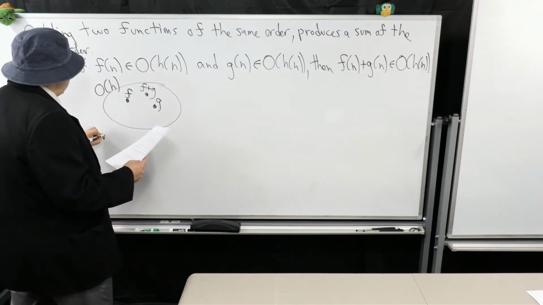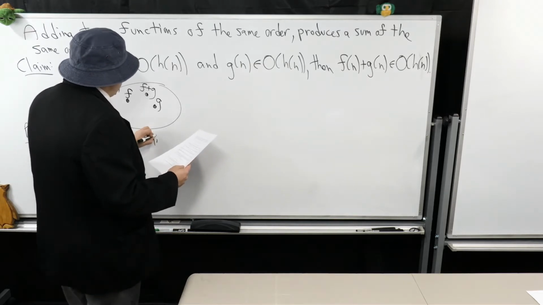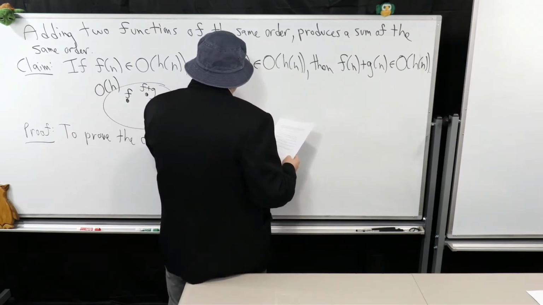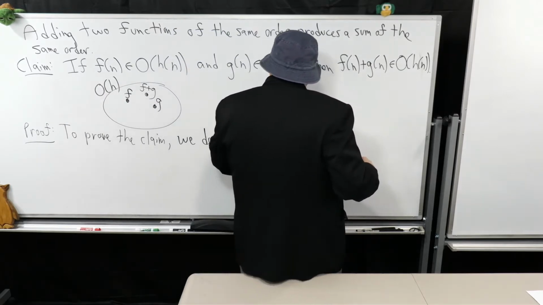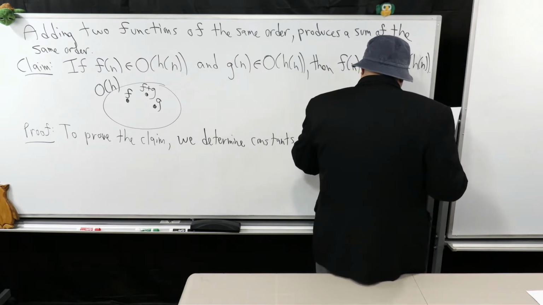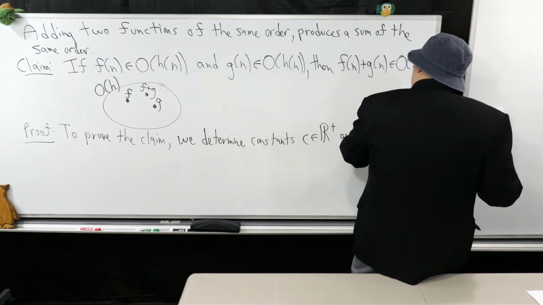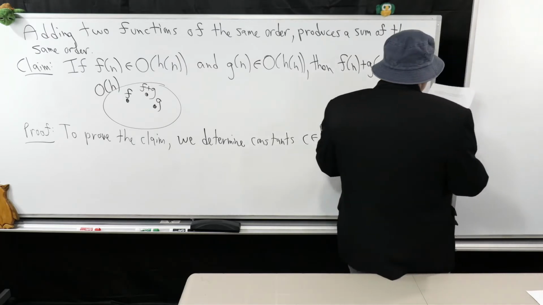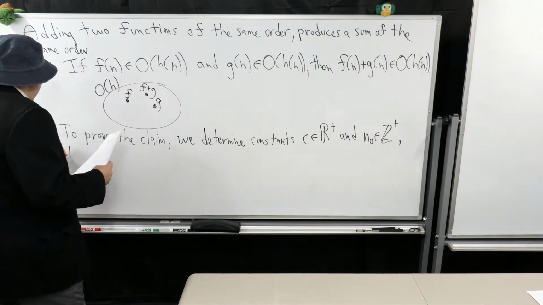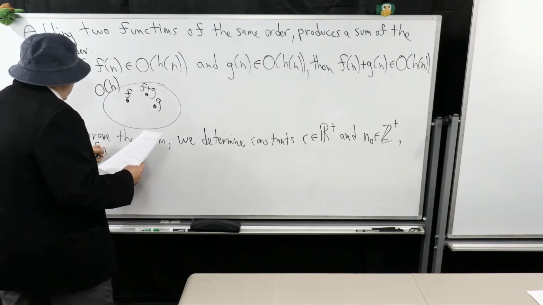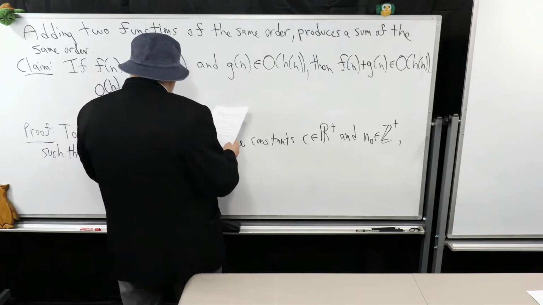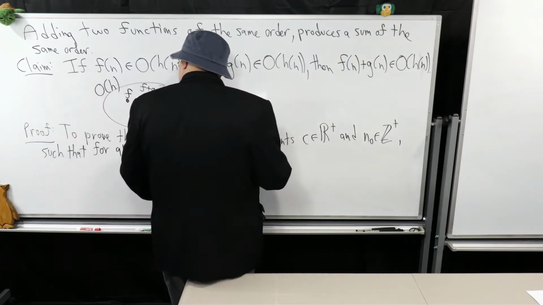To prove the claim, we determine constants C, which remember is a positive real number, and N0, which is of course a positive integer, such that for all n greater than or equal to N0, what are we going to need to prove?